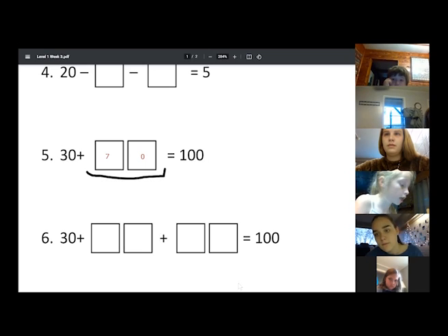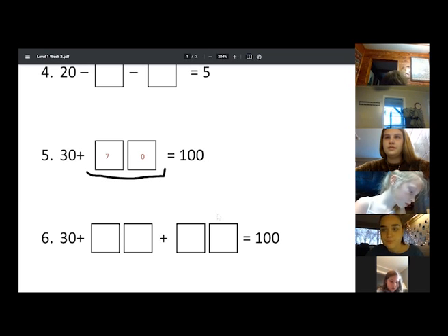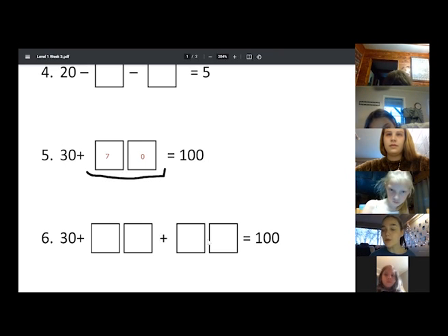So then I put 10, and since 3 plus 7 equals 10, I thought that since 60 plus 10 equals 70, and 30 plus 70 equals 100. So that's how I got it. And we could do that if we could use 2 different numbers to add to 70 and both of the numbers could have 0, but we can't use the number 0 twice.